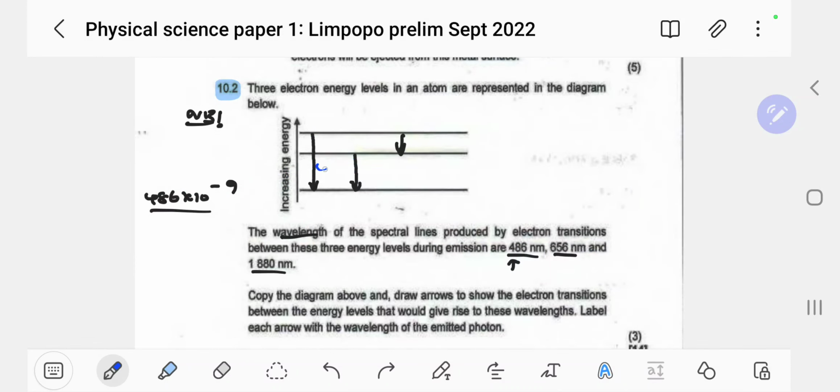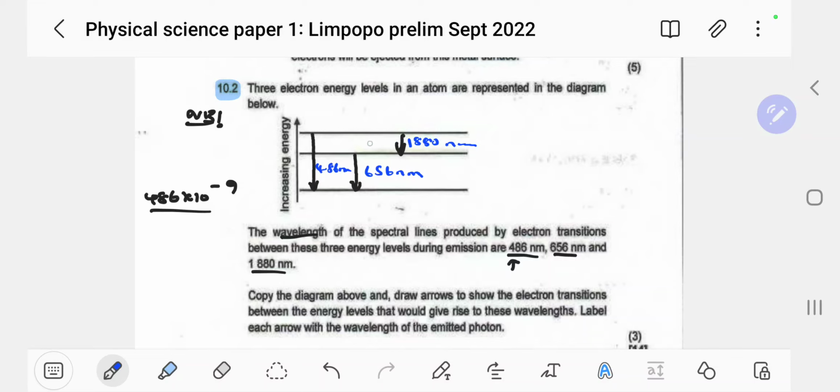So this is gonna be 486 nanometers, and then this one is going to be 656 nanometers, and then this one is gonna be 1880 nanometers. The order in which you write these transitions is not really important, but what is important is the labelling.